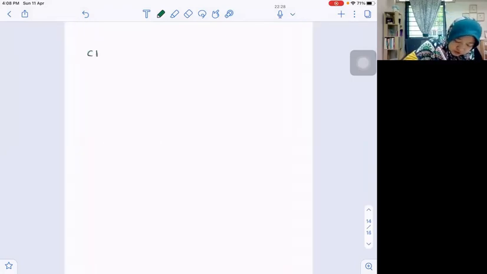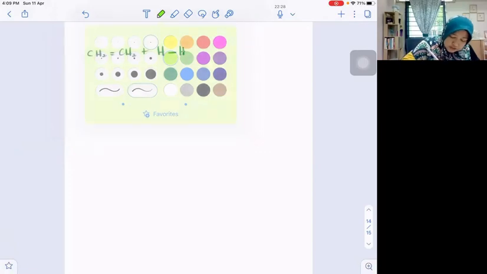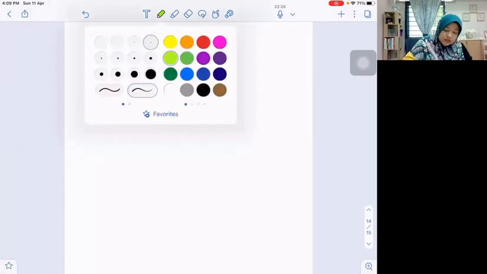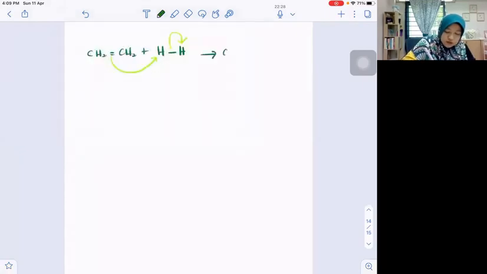We start with CH2 double bond CH2 reacting with hydrogen. Firstly, the electrons from the double bond will attack one of the hydrogens, and then heterolytic cleavage occurs, with the electrons going to the other hydrogen, producing the carbocation ion CH2, H, CH2 plus. And this other hydrogen turns to H minus.